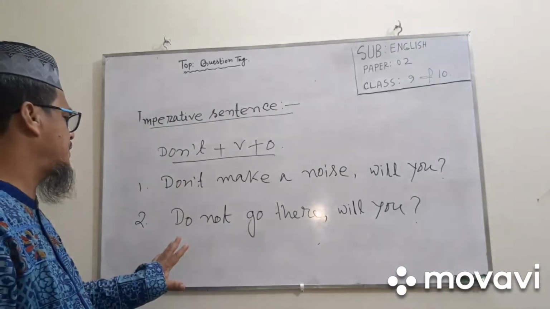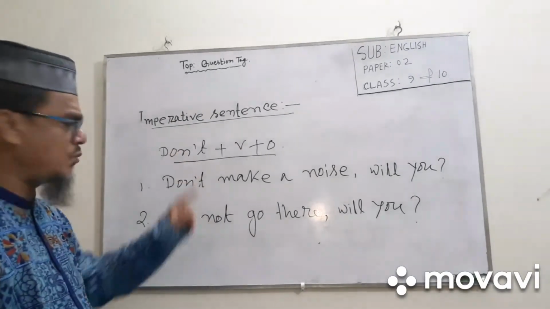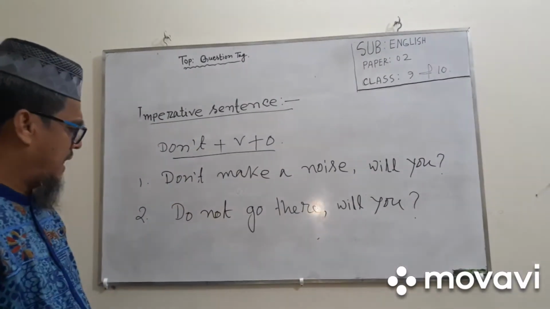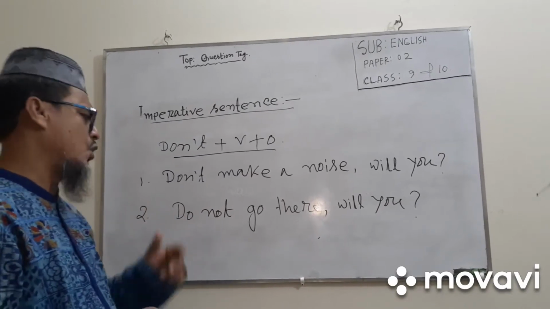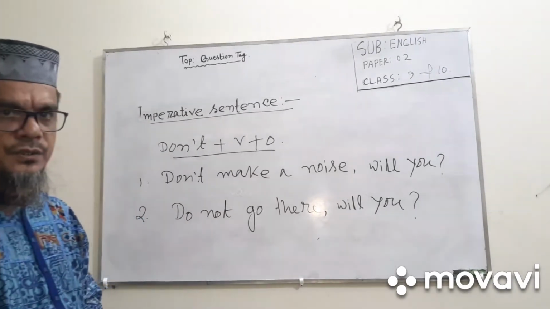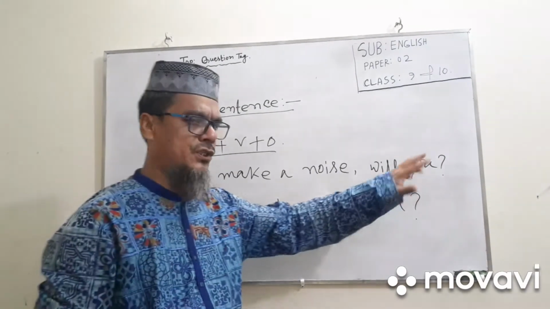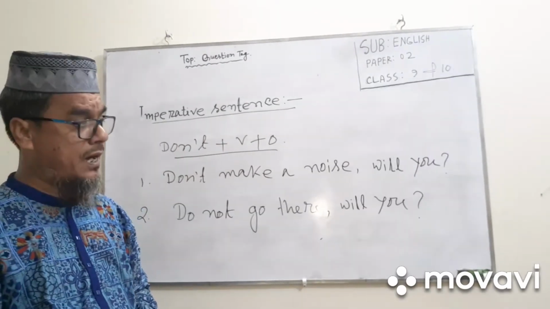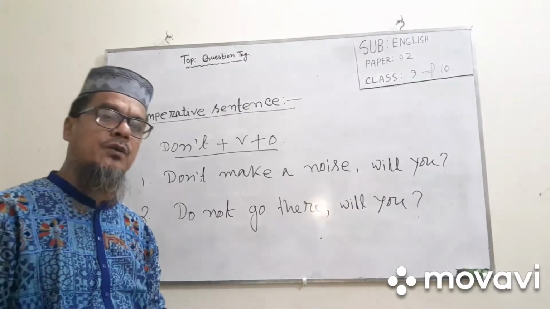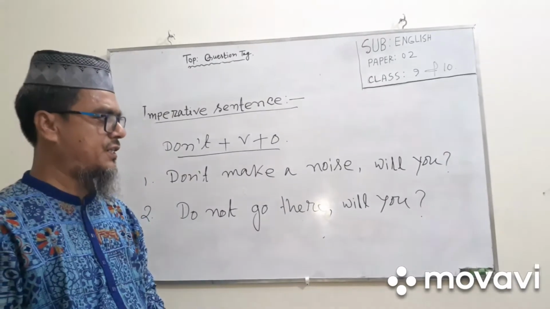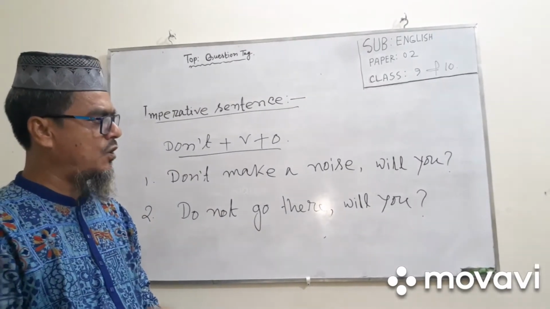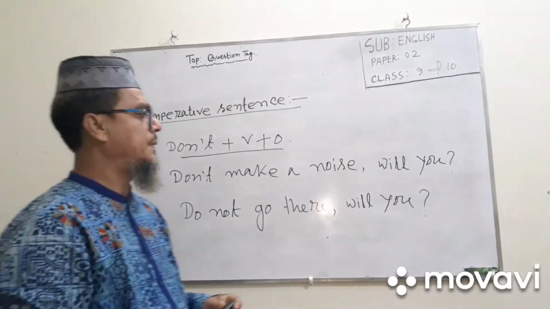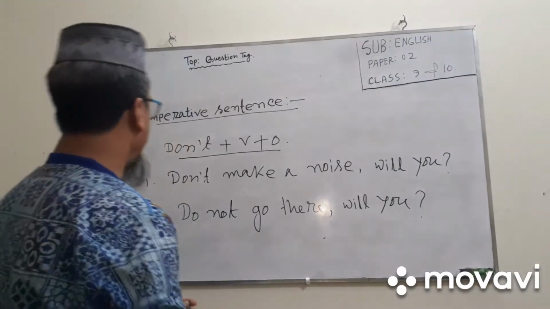The only difference between sentences number 1 and 2 is the contracted form don't and the elaborated do not, but the question tag must be the same. Dear students, I hope that you are able to understand. Take your khata, pen and so on and write down all kinds of sentences to understand the question tag. Okay, no problem.